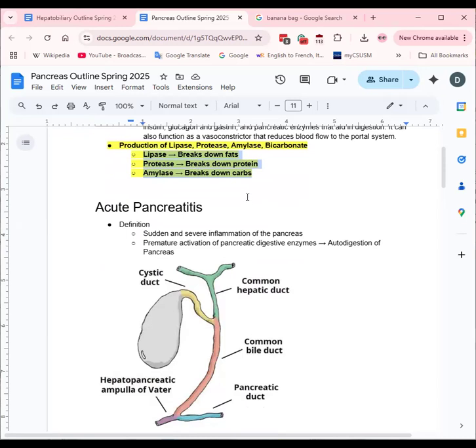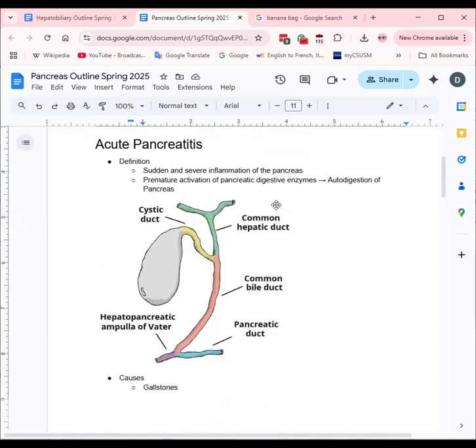Well, it turns out your organs are made of fats, proteins, and stuff like that. So if you have too much of a release of these enzymes, it leads to these enzymes digesting your own pancreas. So that's a problem.